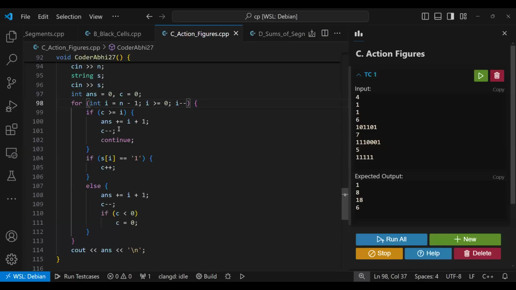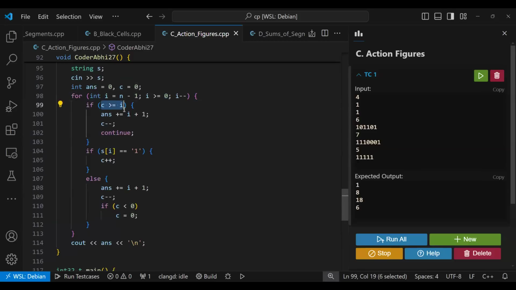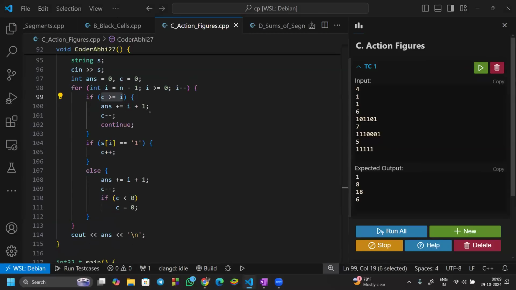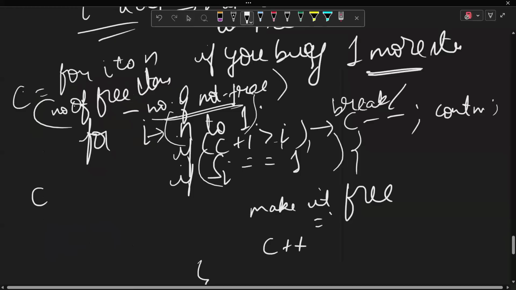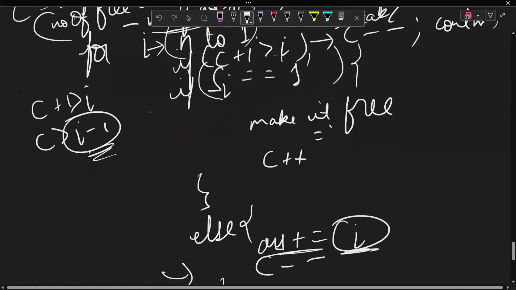So I'm moving from n minus 1 to 0. Then if c is greater than or equal to I, since my I is 0 based, this condition was c plus 1 greater than I, which is c greater than I minus 1. So my condition is minus 1 only here.